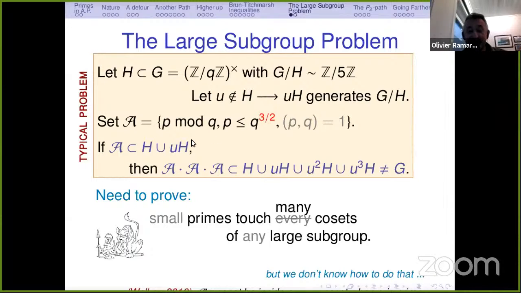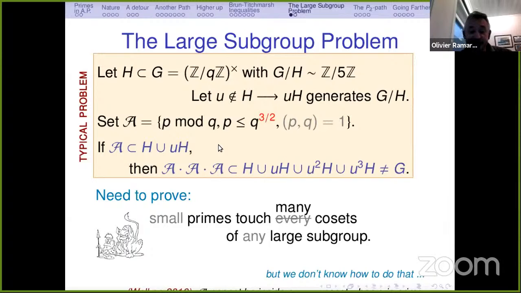And if by bad luck your set A is included in two cosets, h times u, where h is a subgroup of index 5, well, it gives you 2 upon 5 phi of q elements, which is still larger than 1/3 phi of q. And if you look at the threefold sum, you discover that it's included in h times u squared times u cubed, and u4h is missing. So you have to avoid this case.